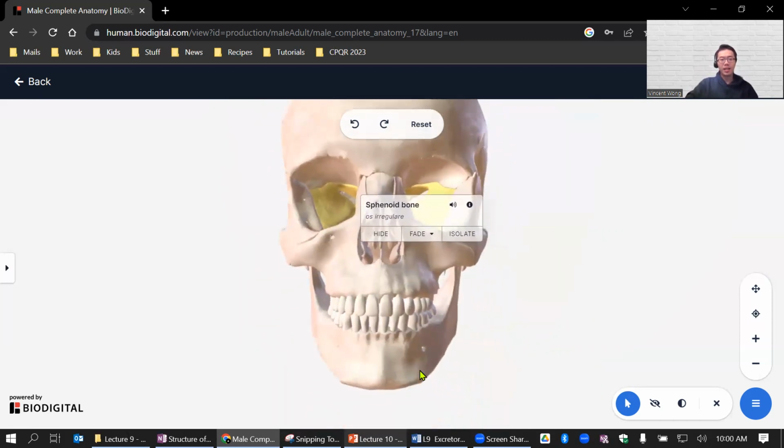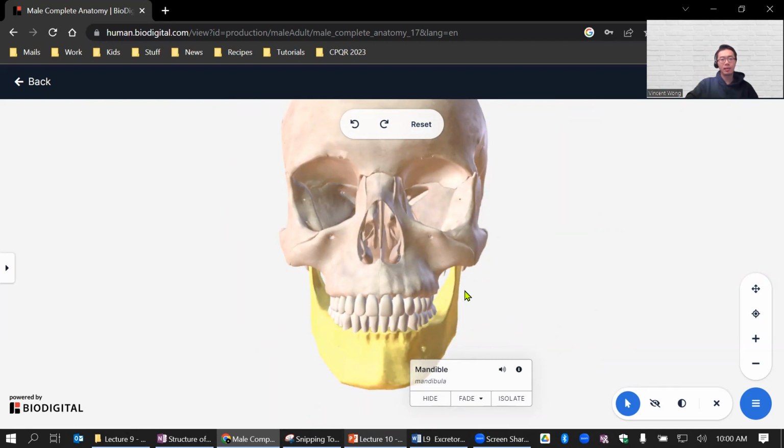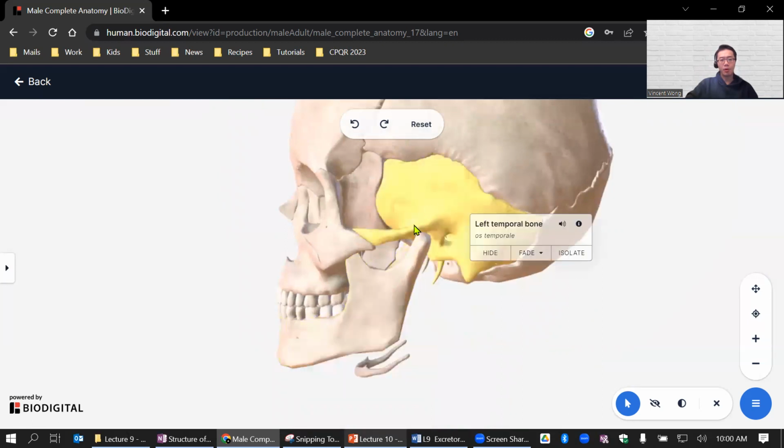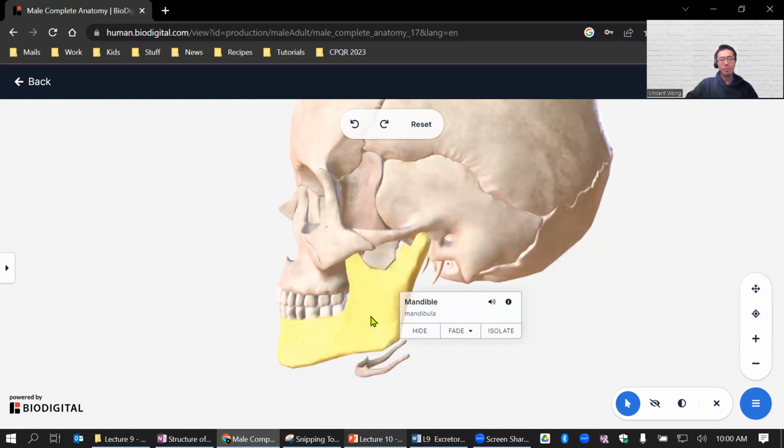We have the mandible, which is the only movable bone in the whole head. Everything else is not movable. It makes a connection with the temporal bone. This is called the TMJ, the temporomandibular joint.